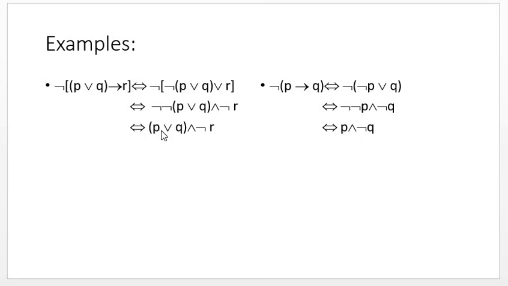And this is logically equivalent to P or Q and negation R. Similarly, if you consider the compound statement negation of P implies Q. By De Morgan's law we get negation of P or Q. So this is logically equivalent to negation of P and negation Q, and it is logically equivalent to P and negation Q.